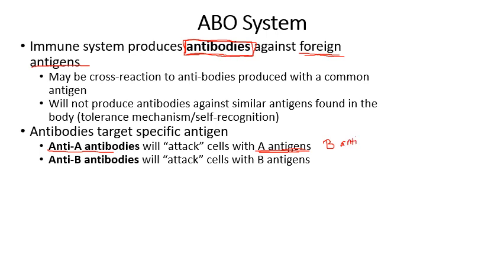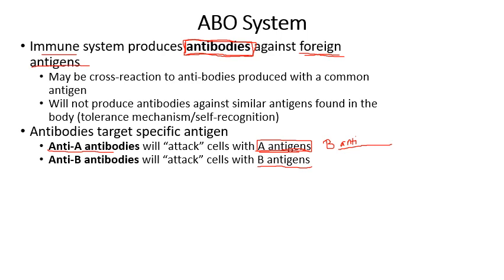They will not have A antibodies, because the A antibodies would attack the A antigens on that person's blood cell. Vice versa, if a person has a B antigen, the immune system of that person will not make the B antibody.